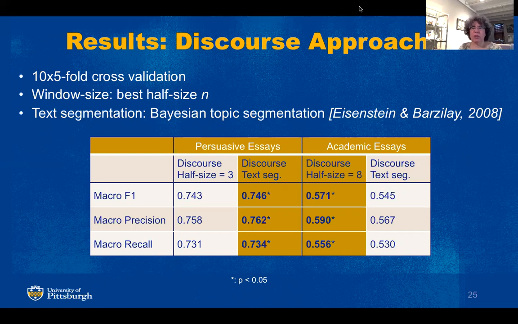One reason for this might be that the academic corpus is much smaller, and this one actually requires much more training, which the simpler approach doesn't. We also can see that the optimal window size is quite different between the two corpora, and that might also interact with the utility of the text segmentation algorithm.